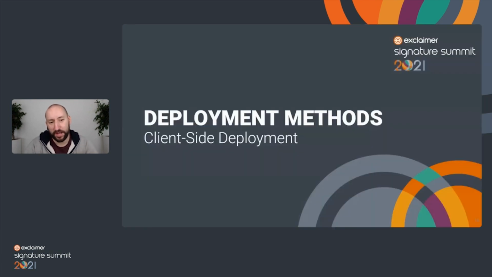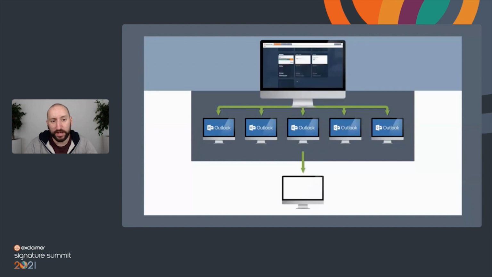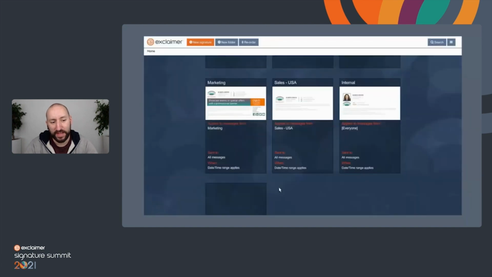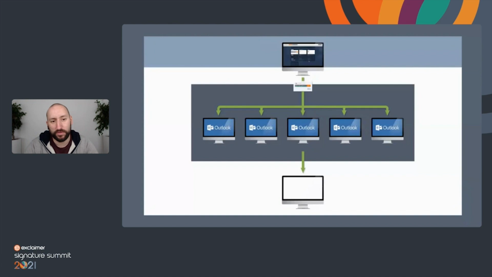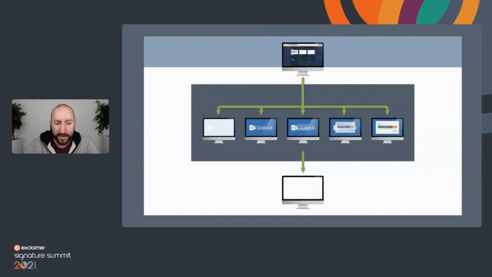Let's first turn our attention to that client-side deployment. Our aim with this deployment method is simply to deliver email signatures to the users themselves. What this involves is email signatures being assigned to users, and it is the process of Exclaimer Cloud then to send those assigned signatures to the relevant users by means of a deployment mechanism.